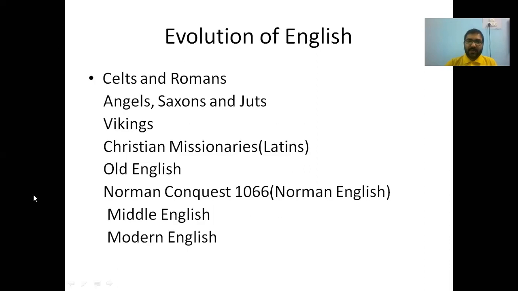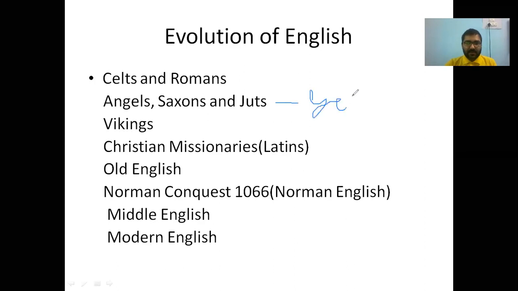So the Angles used Germanic language and the Christians used Latin. These two become Old English, when the Germanic language and Latin come together with the Christian missionaries. And then came the Norman Conquest in 1066.